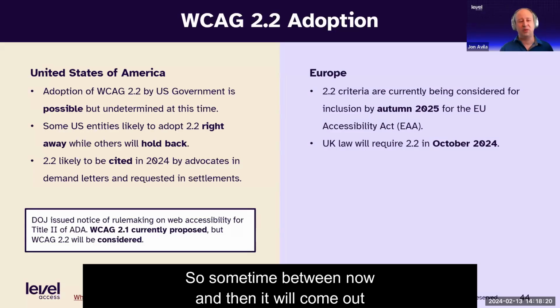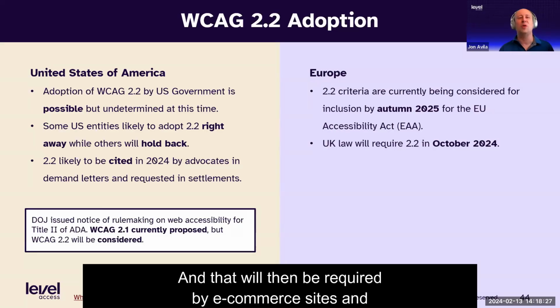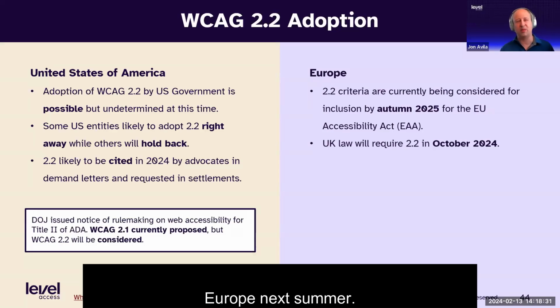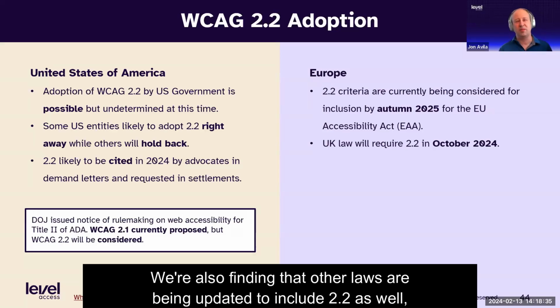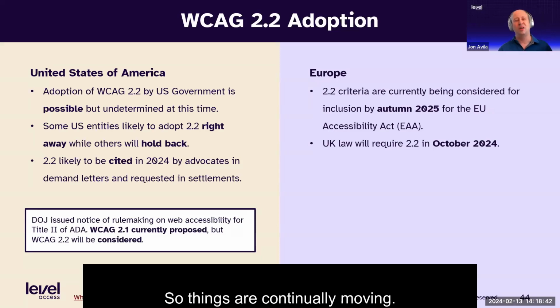So sometime between now and then, it will come out, almost certainly with 2.2 in it, and that will then be required by e-commerce sites and a lot of other things in Europe next summer. We're also finding that other laws are being updated to include 2.2 as well, including this October for the UK public sector. So things are continually moving.